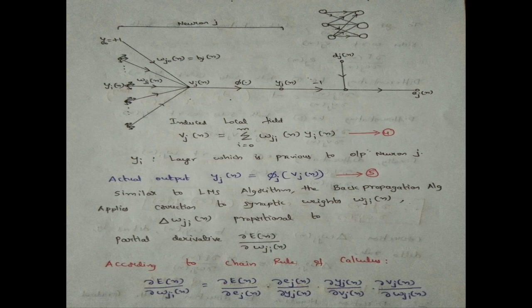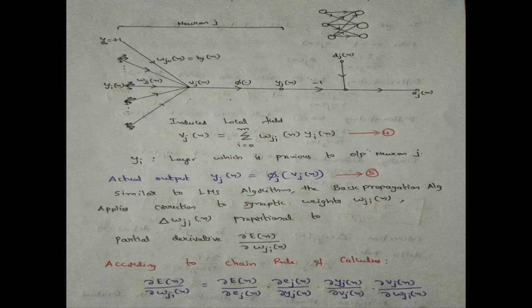All the equations which we have derived till now will be used in the further analysis. As already discussed, in a way similar to the LMS algorithm, the backpropagation algorithm applies the correction to the synaptic weights w_ji(n) as follows. The correction to the synaptic weights, given by delta w_ji(n), is proportional to the partial derivative dou E(n) by dou w_ji(n).